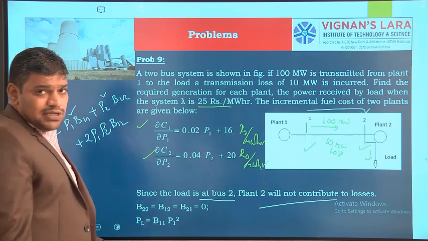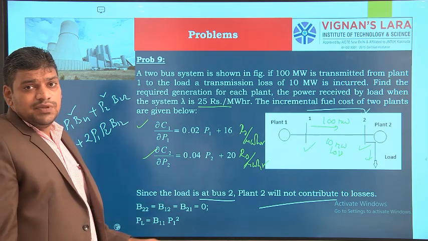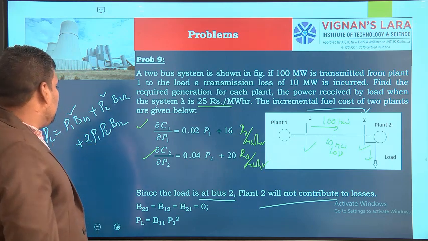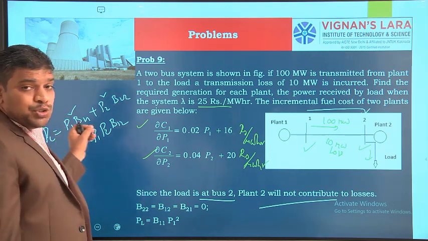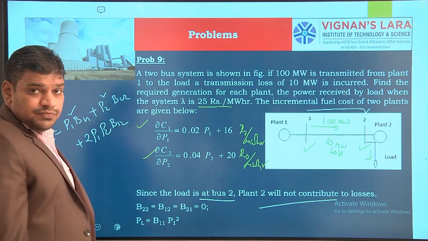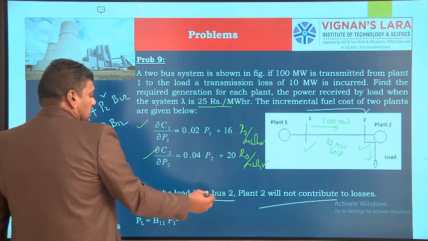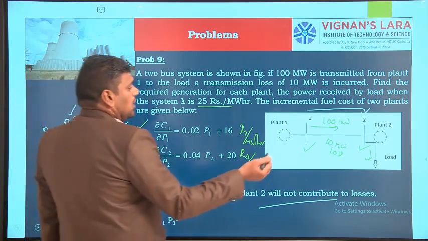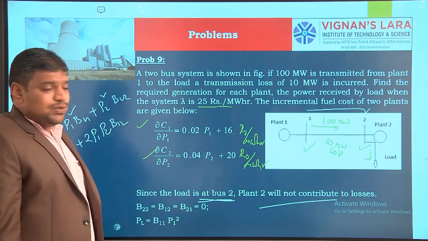So this is the transmission loss formula for a two generator system: PL is equal to P1 square B11 plus P2 square B22 plus 2 P1 P2 B12. When you observe this diagram, since the load is at bus 2, the loss contribution due to plant 2 is 0.